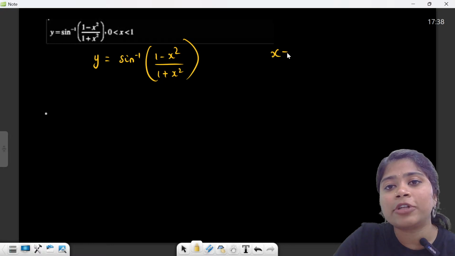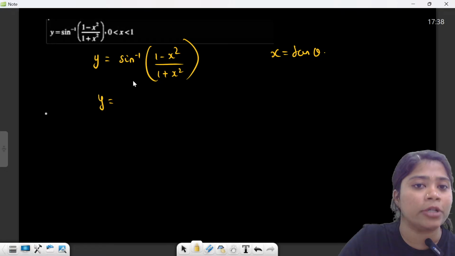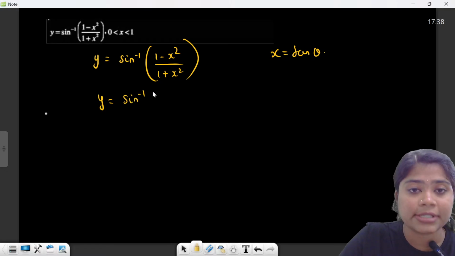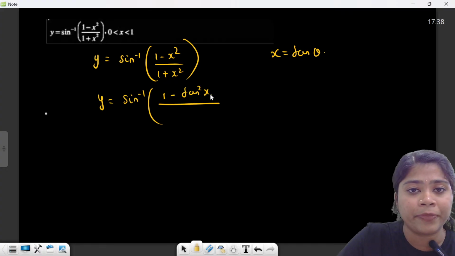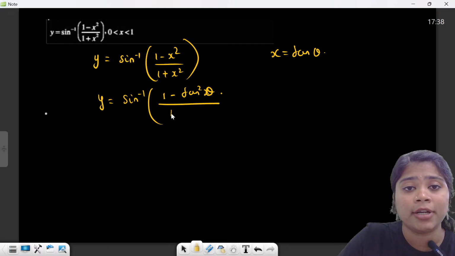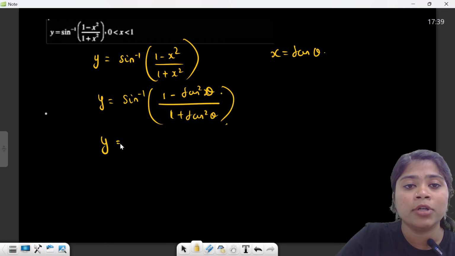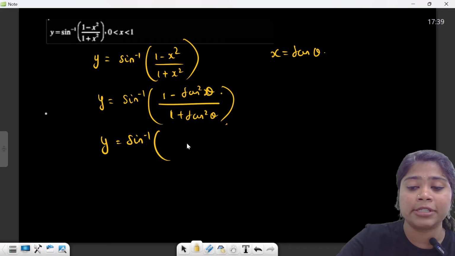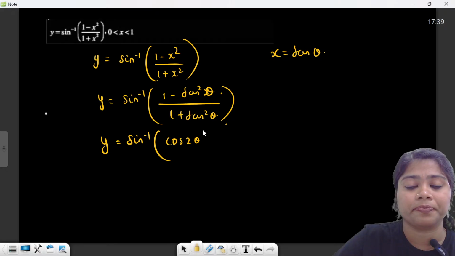You have to substitute x is equal to tan theta only. So y is equal to sine inverse of (1 minus tan square theta) divided by (1 plus tan square theta). We know that it is cos 2 theta.